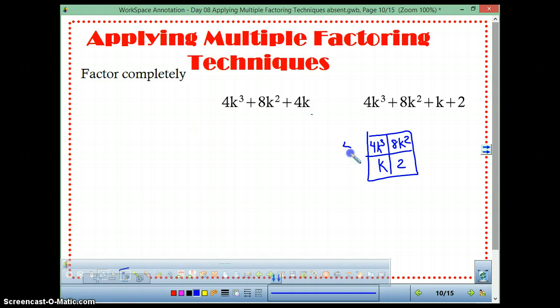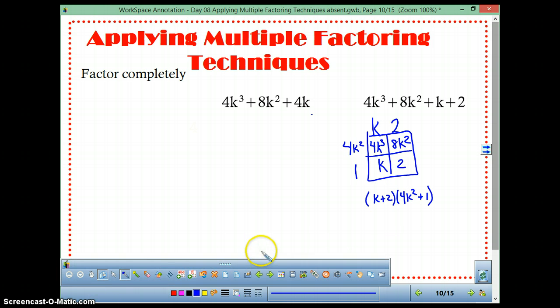In here I've got 4k squared, 1k, 2. Double check your multiplication. Does it work? 8k squared, k, yes it does. This one factors to k plus 2 times 4k squared plus 1. Good?